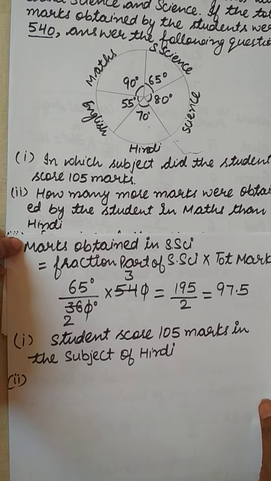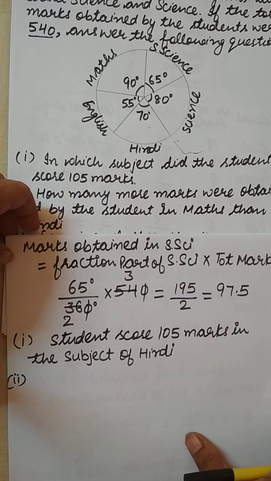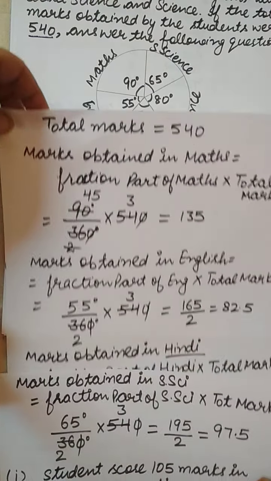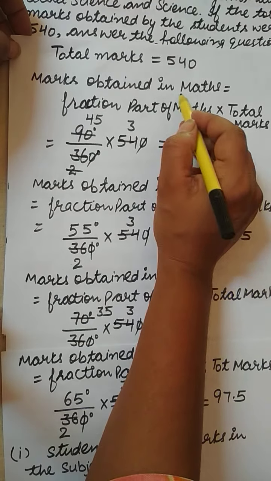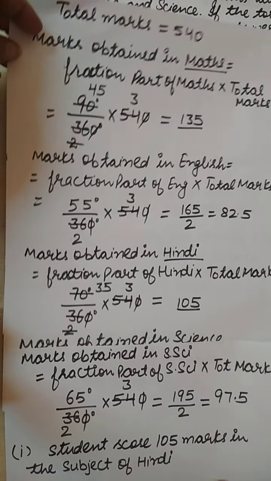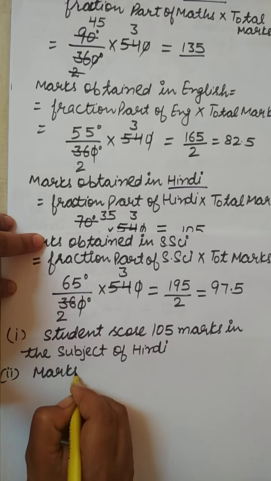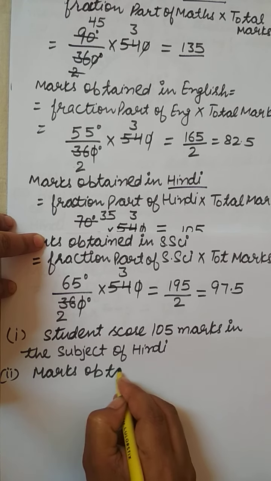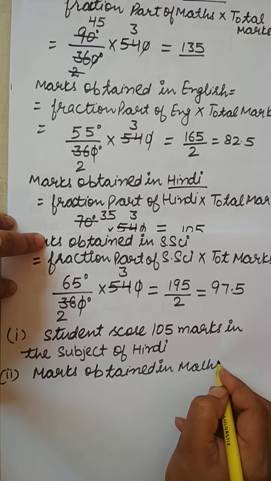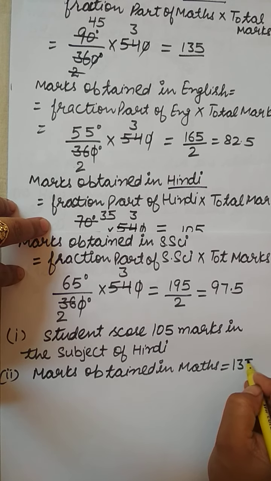Now for the second part, how many more marks were obtained by the student in maths than Hindi? Now see the marks in the subject of maths and Hindi. The marks in the subject of maths is 135 and the marks in the subject of Hindi is 105. So I will write marks obtained in maths is equal to 135.